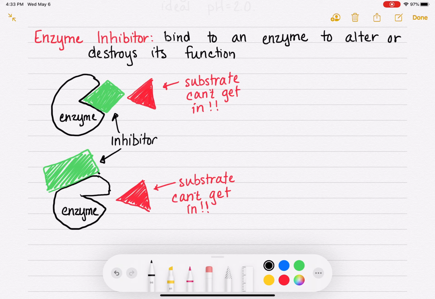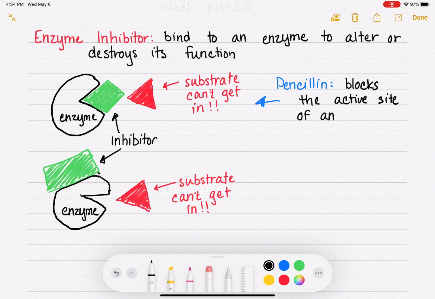Two examples of this, one that you're probably really familiar with is penicillin. Penicillin is an enzyme inhibitor, and it works like this setup right here. So it blocks the pocket or the active site of an enzyme that bacteria need for building their own cell walls.